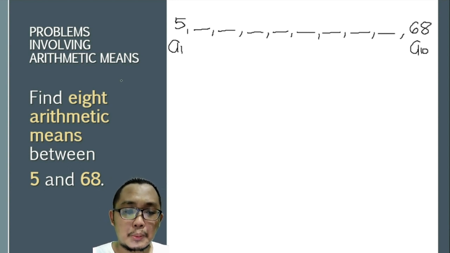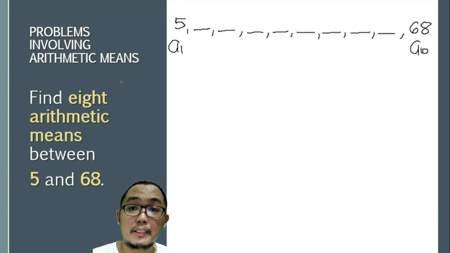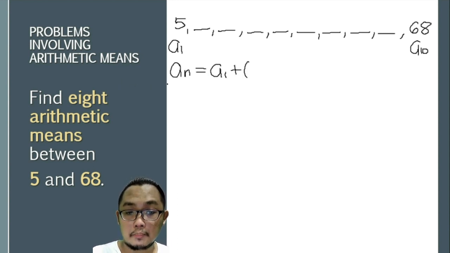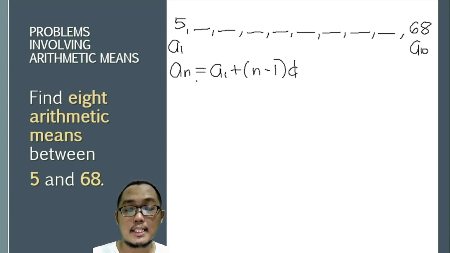And we have also learned in the previous lesson that we can come up with any particular term in the sequence using the nth term formula for the arithmetic sequence, which is a sub n equals a sub 1 plus the quantity of n minus 1 times the common difference d.